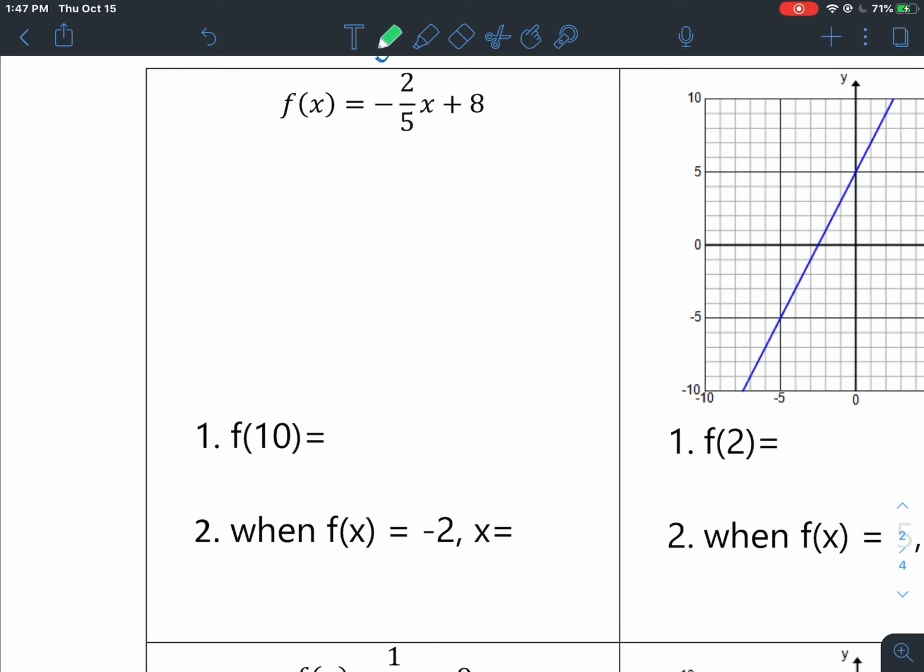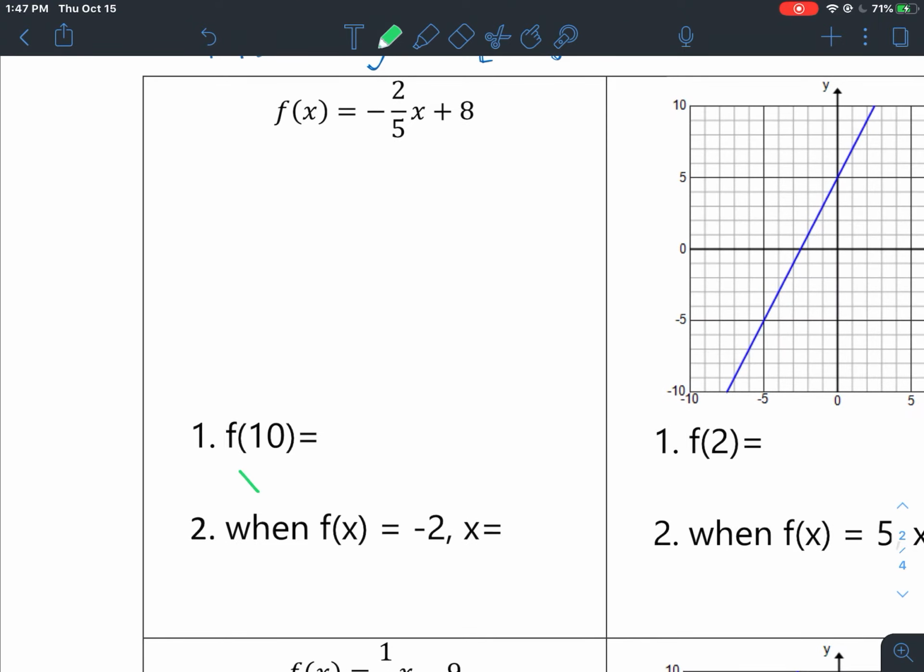So f of 10 equals what? So x equals 10, what will y equal? And then when f of x equals -2, what will x equal? For this first one, I'm going to plug in 10 for x. So -2/5 times 10 plus 8. -2/5 times 10, if I used my calculator or did it in my head, I would get -4 plus 8.